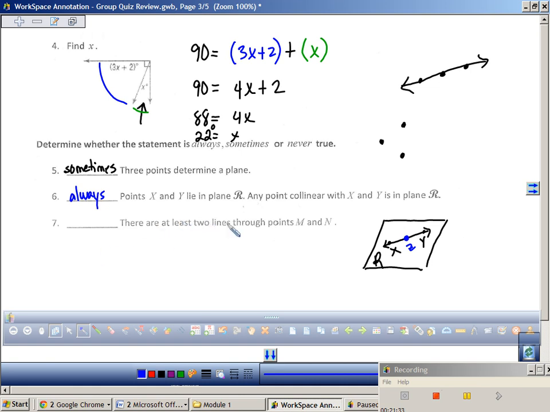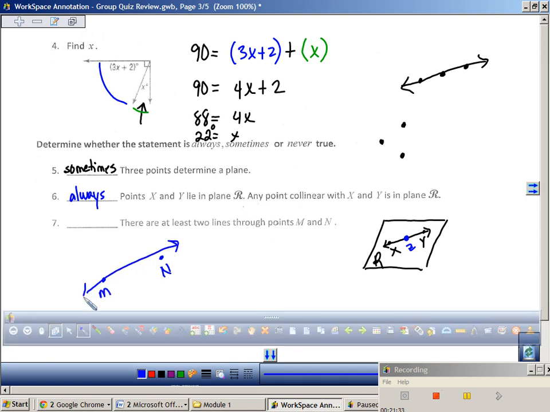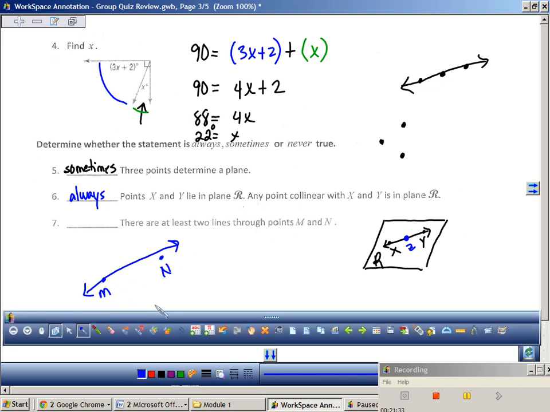Okay. There are at least 2 lines through points M and N. So we're talking about M and N. What do we know about M and N? 2 points make up a line, and this one says there are at least 2 lines through these 2 points. Why are there at least 2 lines? I know there's at least 1 line.